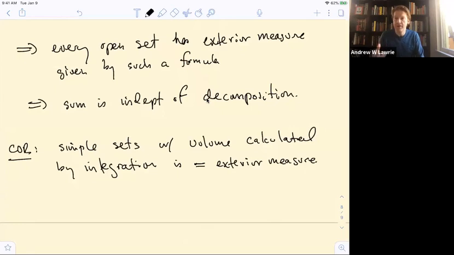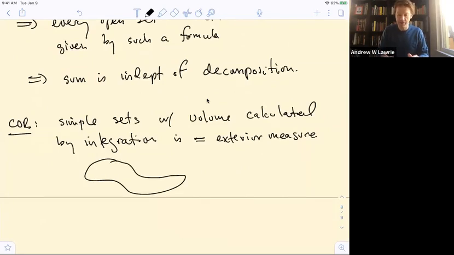So not only is exterior measure not a crazy concept for measuring things like cubes or open sets, but from this formula we see that all the sets you talked about volume for in your calculus class, the volume you were talking about then is exactly the same as exterior measure. This is the type of sanity check you want to make when generalizing the notion of volume: you want to make sure it agrees with your intuition about what volume is.